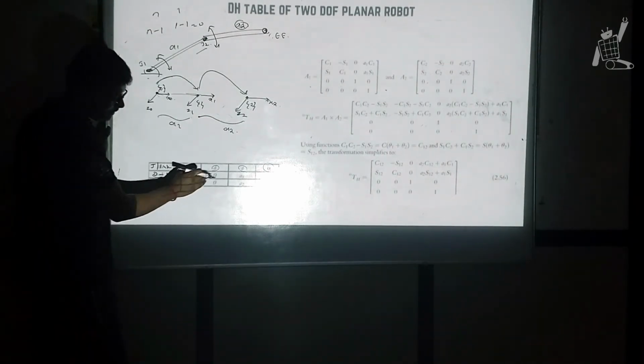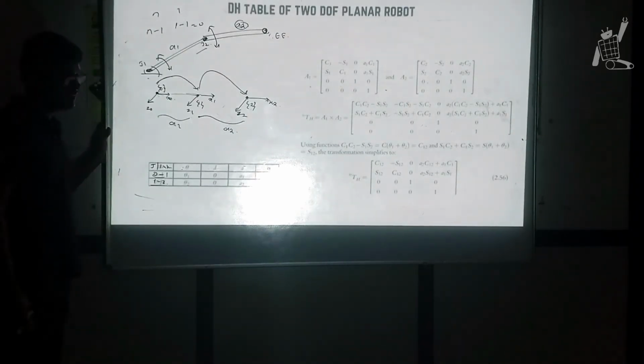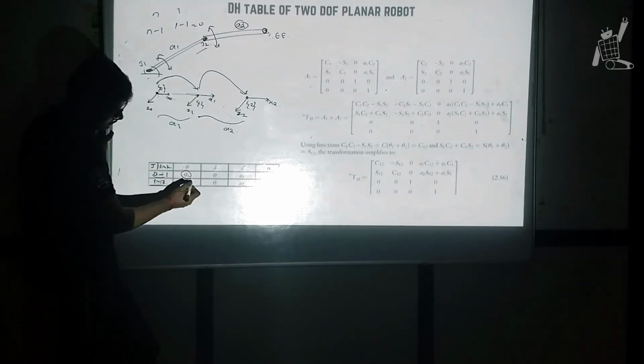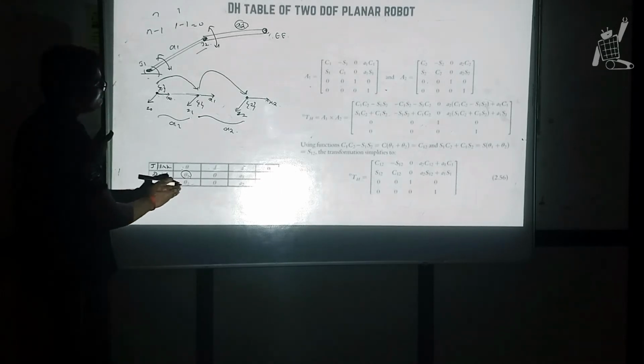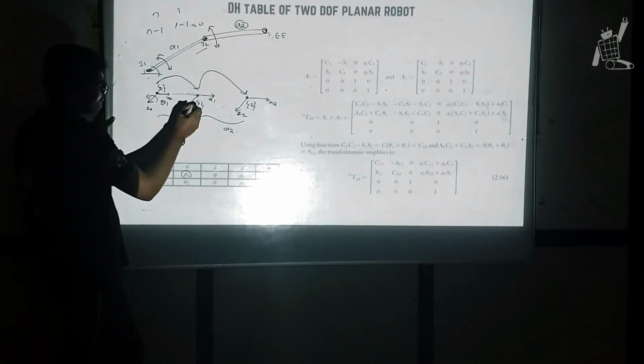So these are the four transformations that happen to represent the transformation from one frame to the other. Okay. So first will be theta 1.